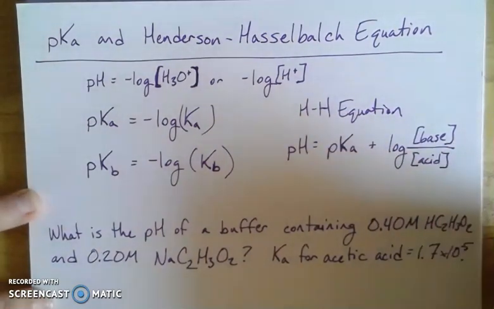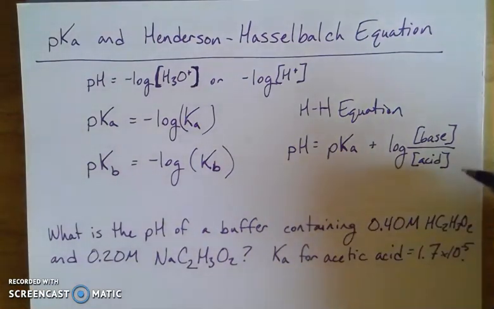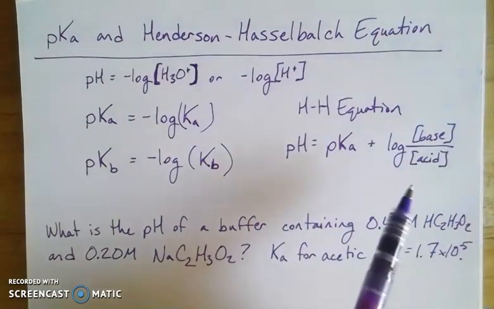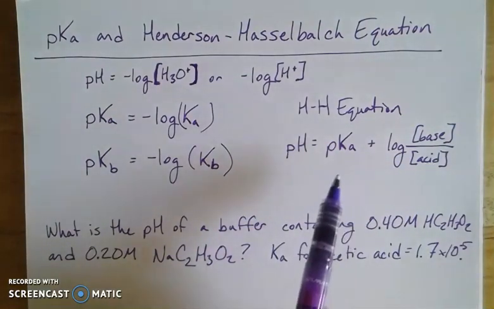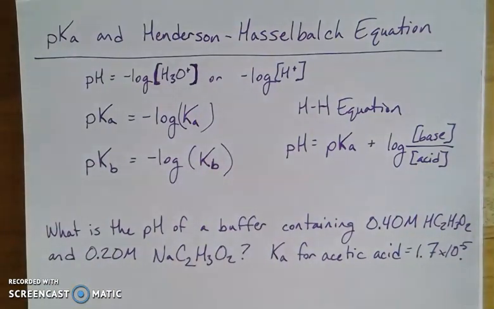So remember that a buffering system is made up of an acid with its conjugate base. So we're going to have specific concentrations of both of these in a buffering system. And if I take that ratio of the concentration of base over acid, take the log of that, add that to the negative log of my Ka value, then that's going to give me the pH of the overall system.